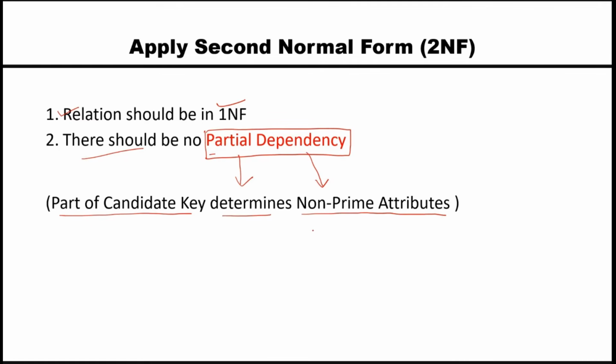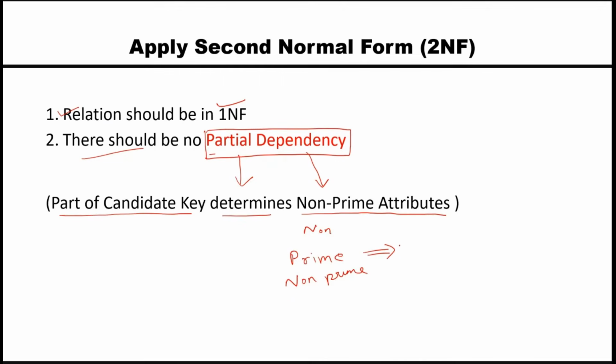Here the term coming is non-prime attributes. So we need to understand two more things, prime as well as non-prime attributes, and that way we will understand the complete thing.